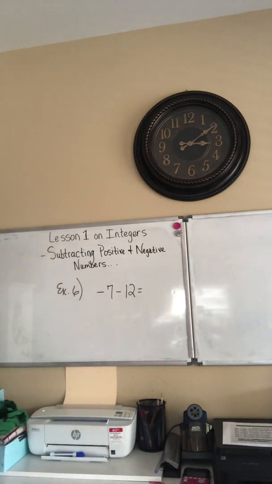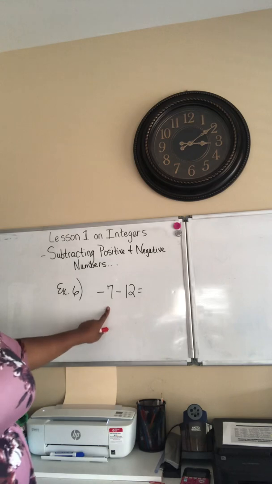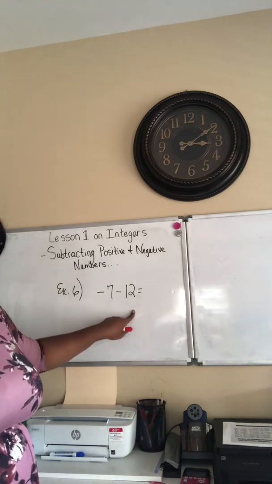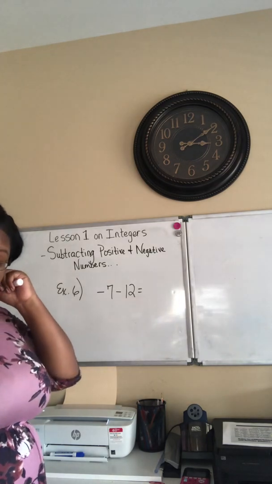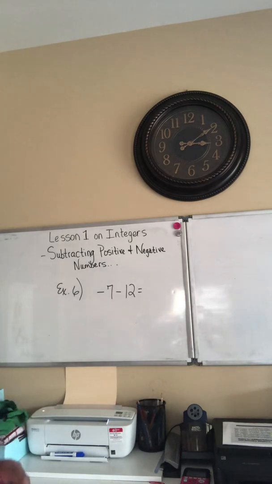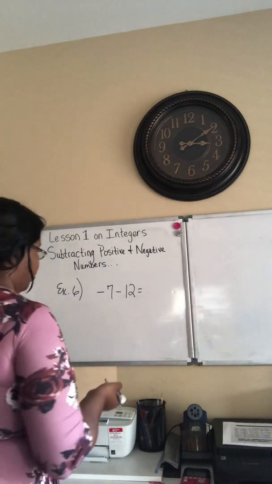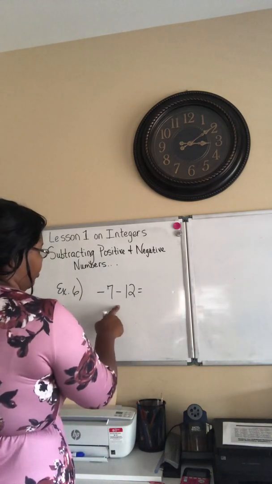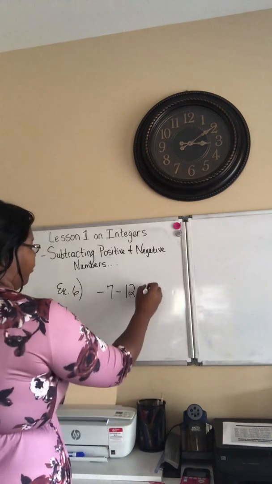Okay. So I have a -7 and a -12. Now, some teachers teach their students to rewrite this. I do not mind which way you do it. If you can see that that's two negatives, the answer is going to be negative.